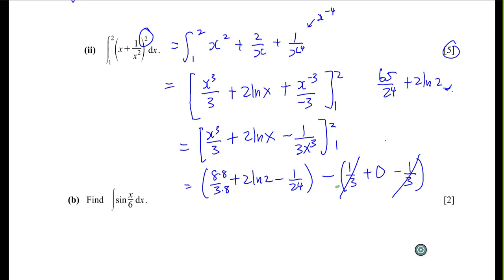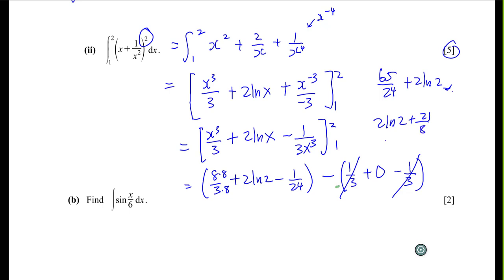Substitute in the 1, this is minus 1 over 3. Did I make any mistake here? Because the final answer for this one is 2 ln 2 plus 21 over 8.